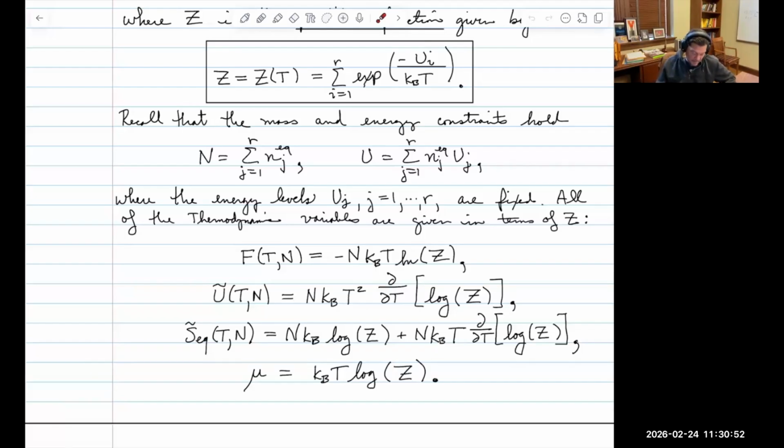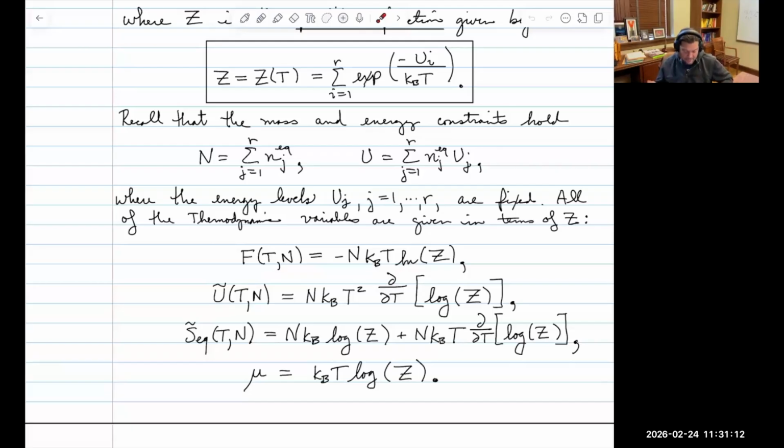And we showed that the Helmholtz energy, if I can view this as a function of temperature and N, is just minus N k_Boltzmann temperature times the log of the partition function, which is a function of temperature. So this clearly can be made into a function of temperature.